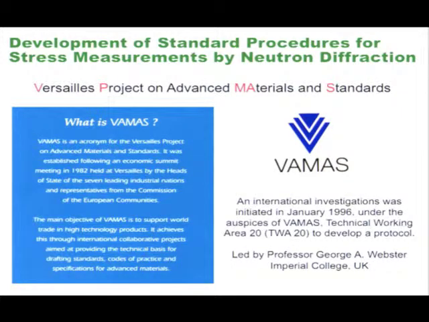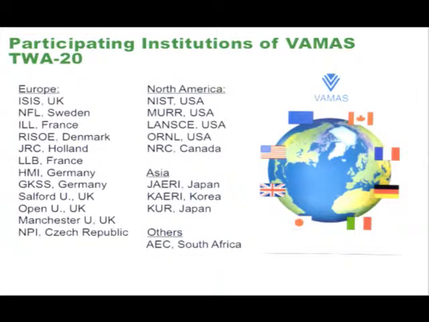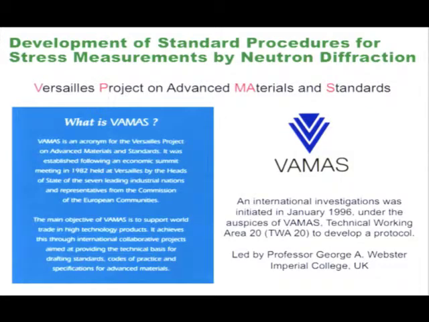Now, in order for this technique to be really useful for the industry, you'd like to be able to hand over to your industrial users a document to say how reliable this technique is. So George Webster of Imperial College took on this challenge back in, I think it was 1906 or something like that.